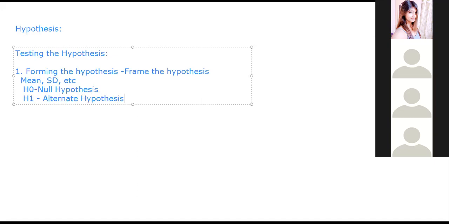So there are two types of hypothesis: the null hypothesis and the alternate hypothesis. And I have also told you what a hypothesis is in mathematical and research terms. That means when I predict the mean of the population by knowing the mean of the sample, I call it a hypothesis.